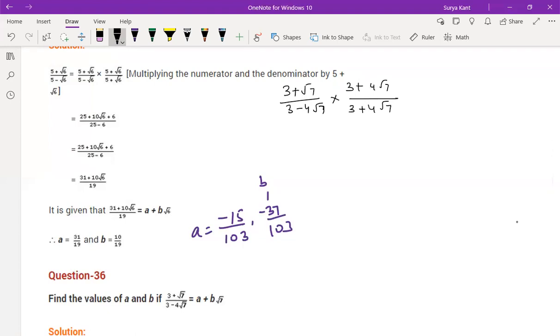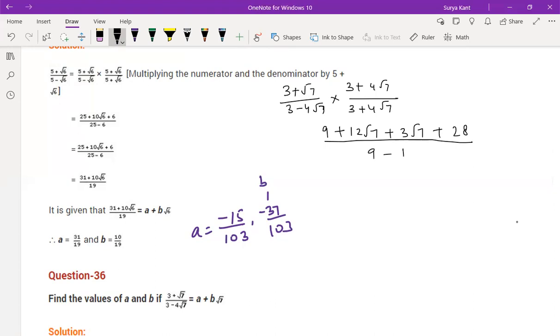So multiply: 3 threes are 9, plus 4 threes are 12 root 7, plus 3 root 7, plus 4 sevens are 28, divided by 3 square, that is 9. 9 minus 4 fours are 16, 16 sevens are. What is 16 sevens, Shriyanvi?